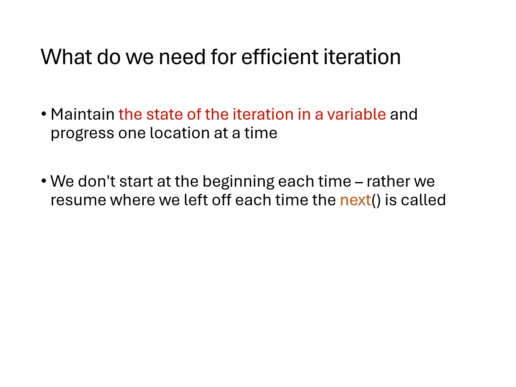We need to maintain the state of the iteration by marking the position in the sequence where we currently stand with our iterator. That is in order not to restart the iteration each time we call next, because, for example, for the linked list, it will not end well if we start every time from the beginning.